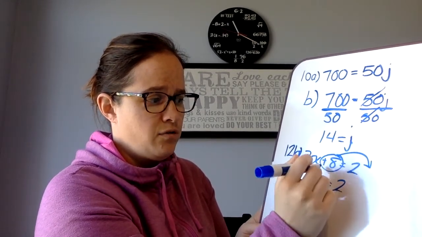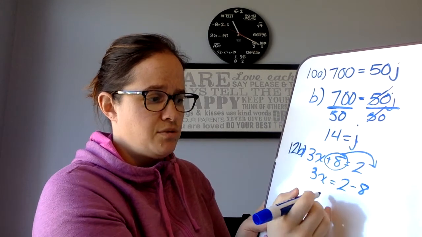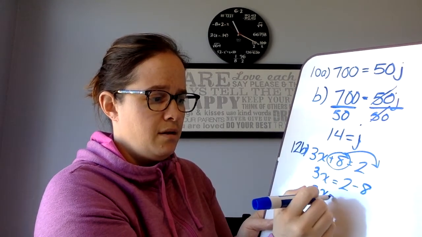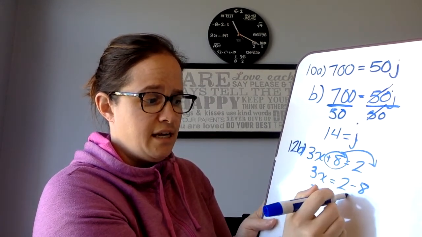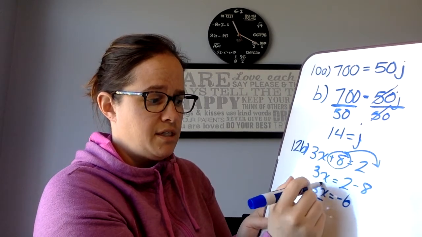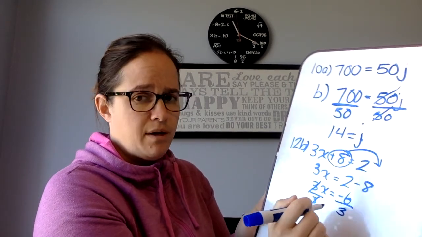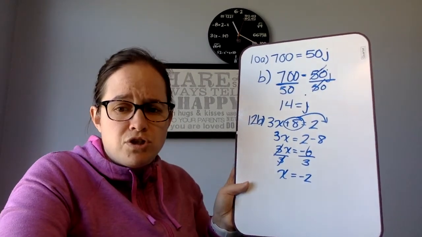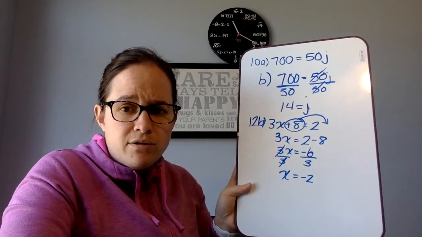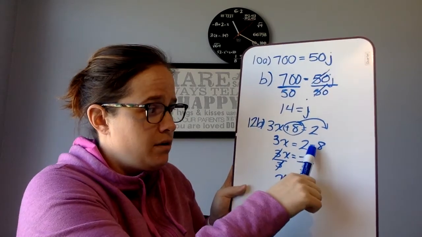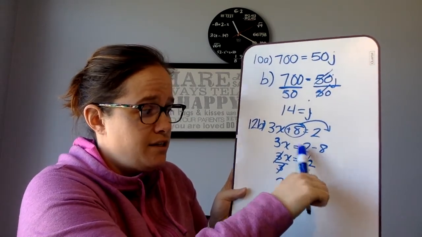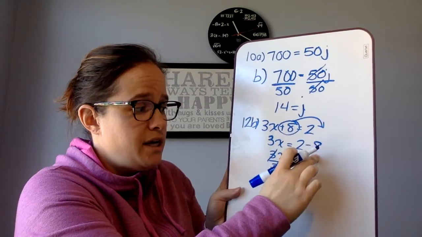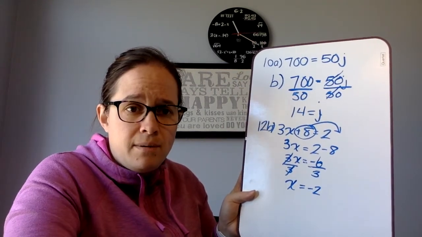When we send it over, that integer sign changes to a subtraction. 2 minus 8 is negative 6. Divide by 3 to isolate, so divide by 3 on that side. x equals negative 2. So there were integer errors with this question when subtracting. 2 minus 8 is negative 6.